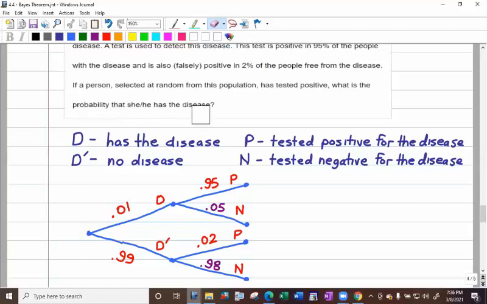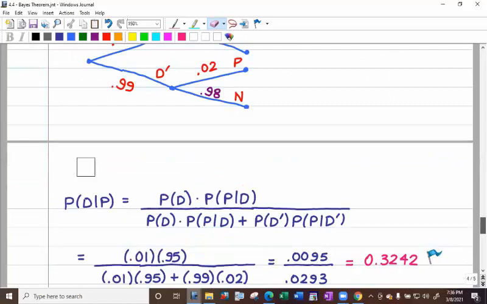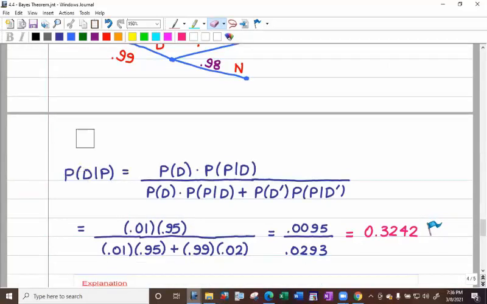This could have been worded as, what is the probability that he or she has the disease if the person had tested positive? So it could have been either order. You just have to pay attention. Whatever's following the probability part, that's the part that goes first in your conditional. That's your first part for sure. And then whatever's following either the word if or the word given, either one of those is fine, that's your second one.